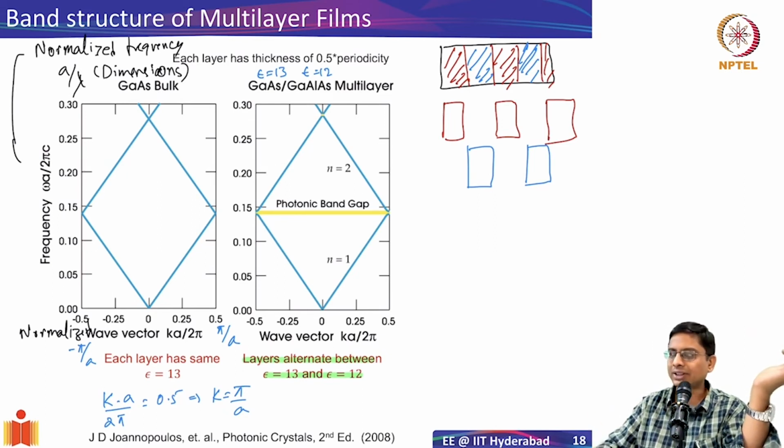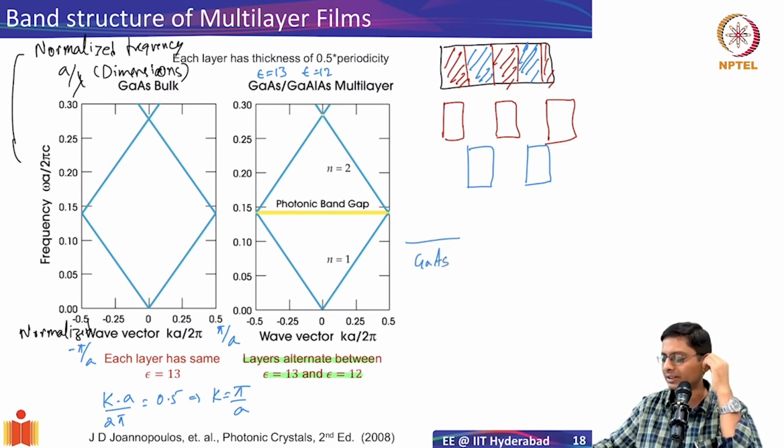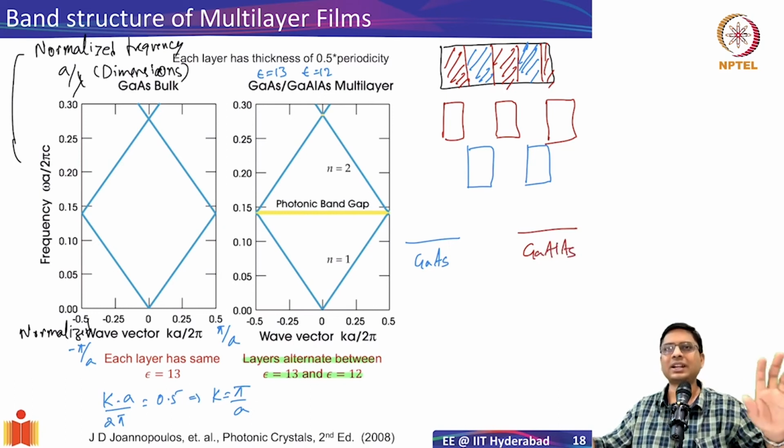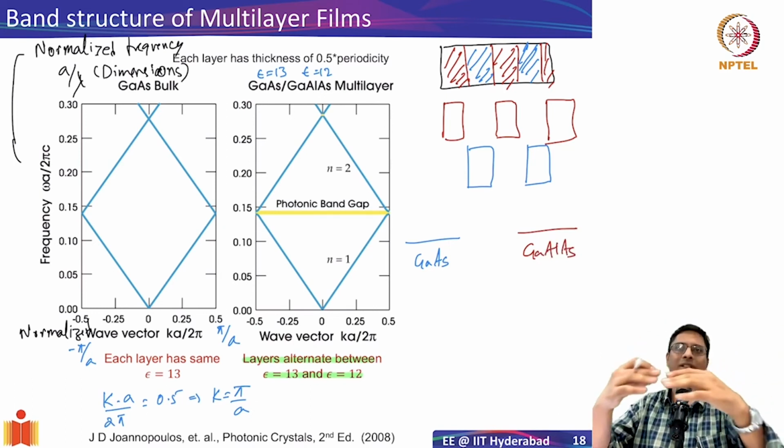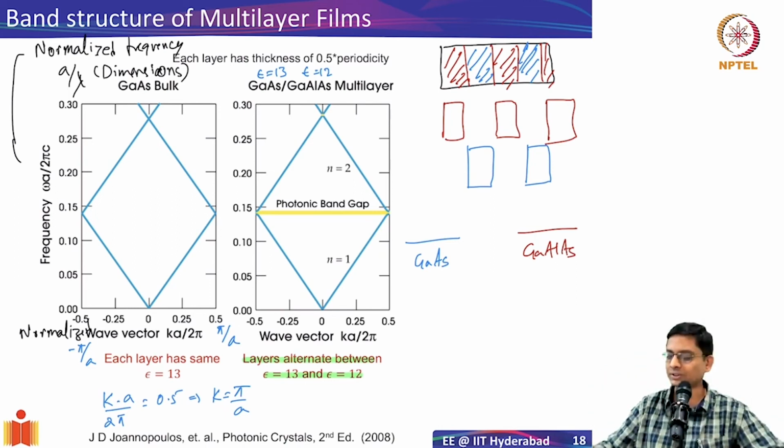So you can understand this from the hybridization perspective, that at the particular k of pi by a, you can have an energy level, let's say, for the gallium arsenide sublattice, okay, and then you can also have another energy level for a gallium aluminum arsenide sublattice, okay. They're very far. The energy levels can be identical, but the moment you bring those sublattices close to each other, that means you overlap them to form this crystal. So this blue was one energy level, and this is one energy level.